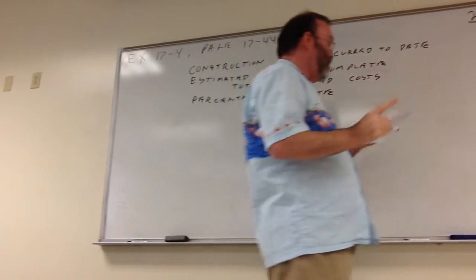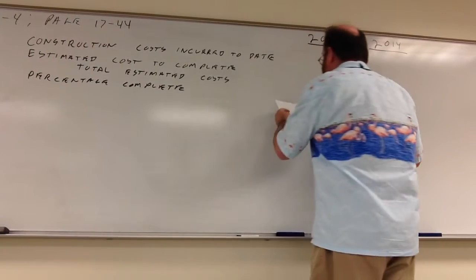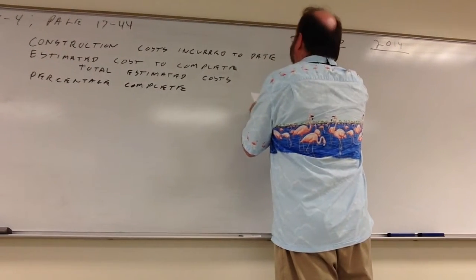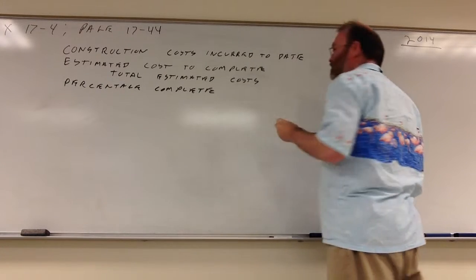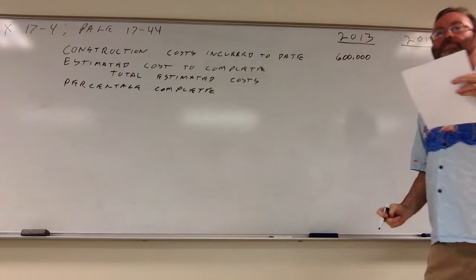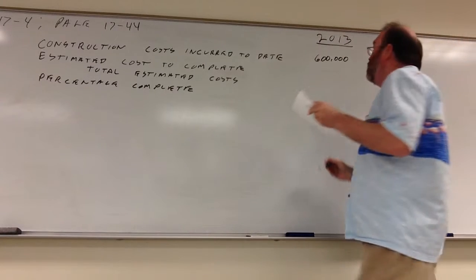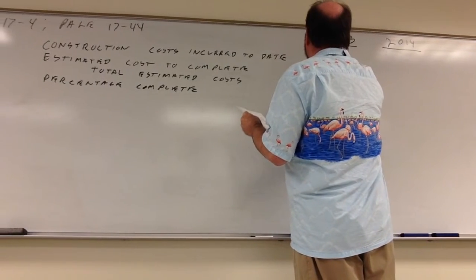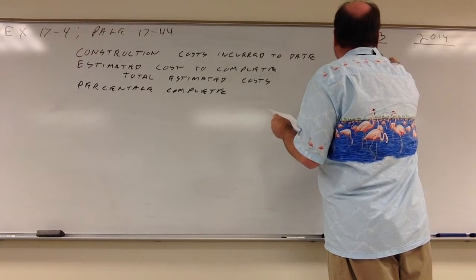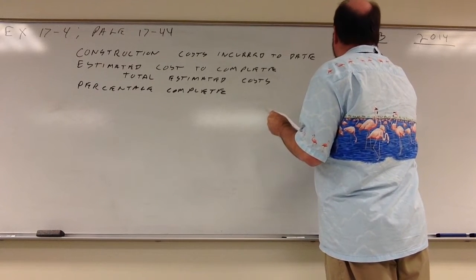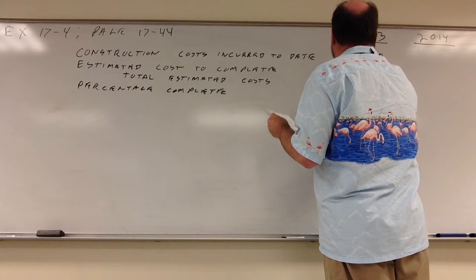All right, so just to fill in the first 4 lines. We had $600,000 incurred in 2013 on this particular project. At the end of 2013, we expected $1.4 million to finish the project for a total estimated cost of $2 million.